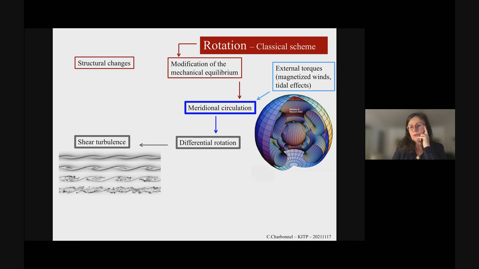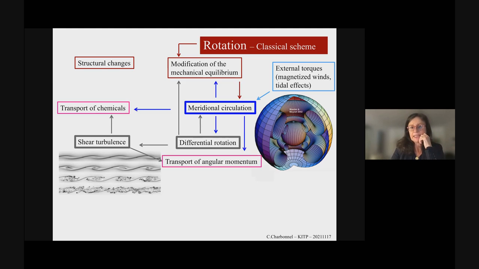One of them, on which people focus more, is a shear instability. I will come back to that in a moment. This has a retroaction effect on the meridional circulation itself, which increases the modification of the mechanical equilibrium. All this leads to the transport of both chemicals and angular momentum.